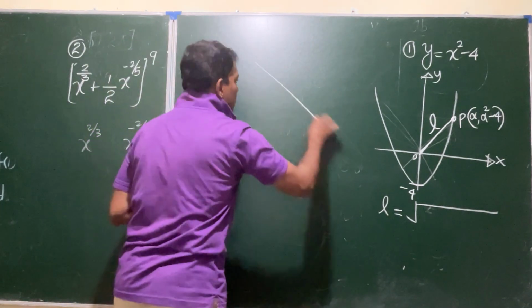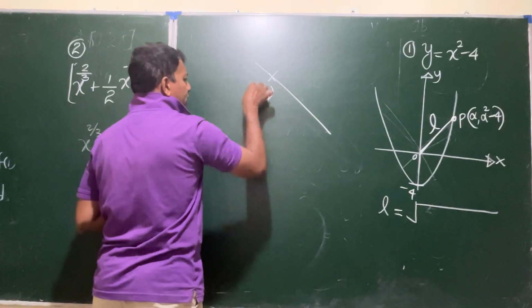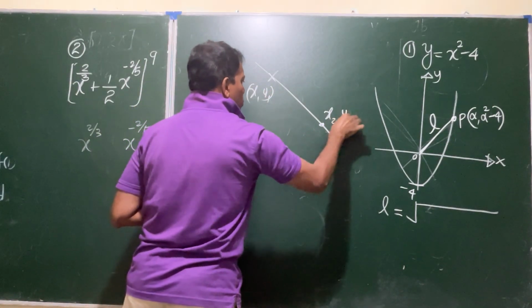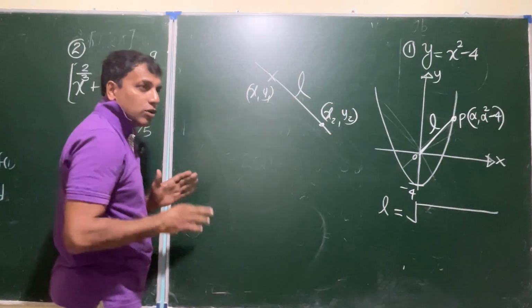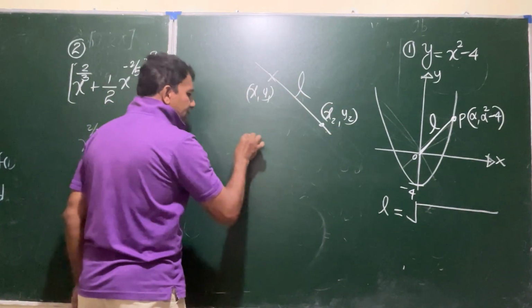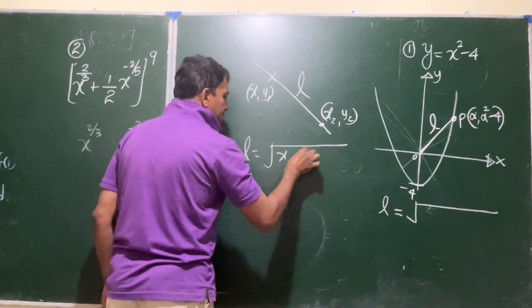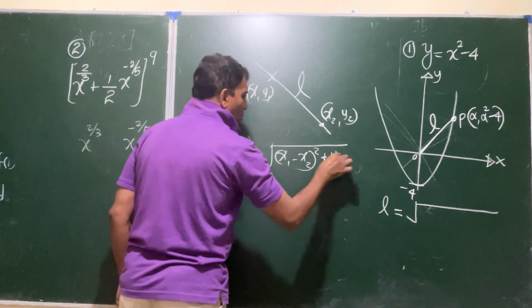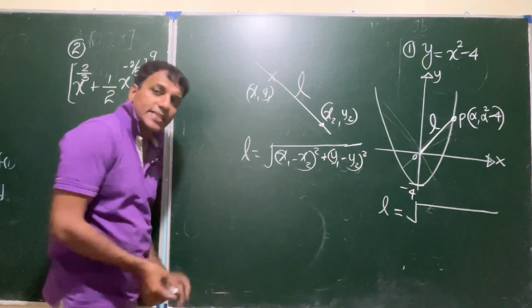That's coordinate geometry, the distance between two points. Distance between the two points x1, y1 and x2, y2: L equals the square root of x1 minus x2 all squared plus y1 minus y2 all squared, right? The distance theorem.